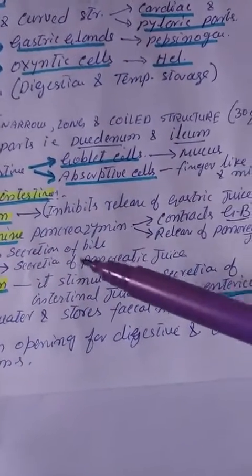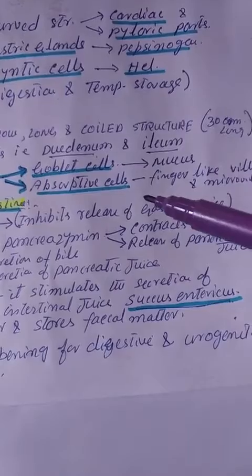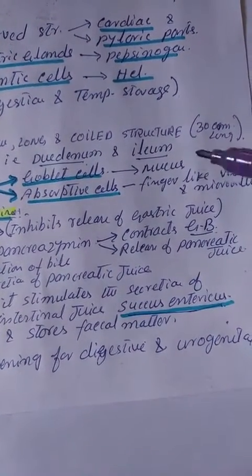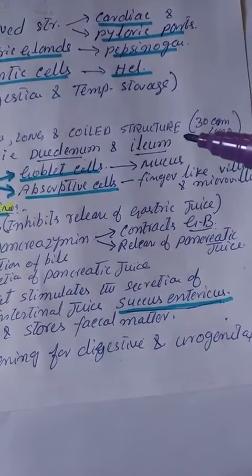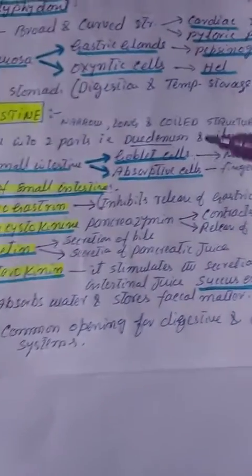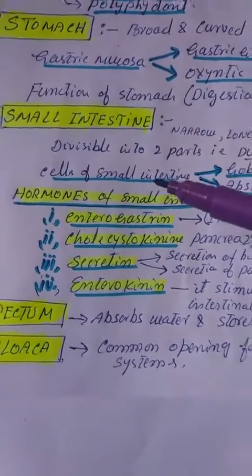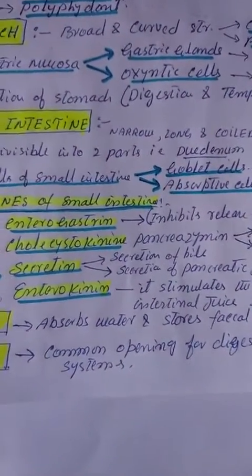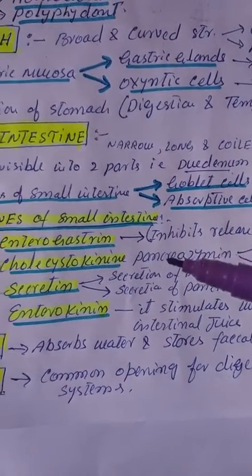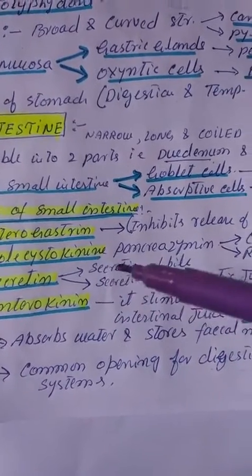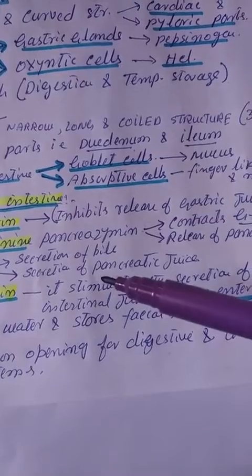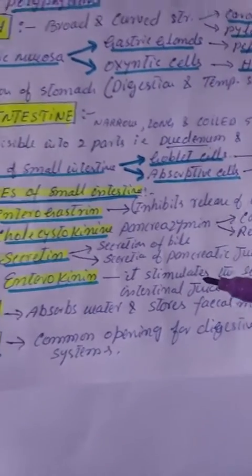This hormone contracts the gallbladder and produces the secretion of bile, and it also helps in the release of pancreatic juice. The third important hormone secreted by the intestines is secretin. This secretin helps in the secretion of bile as well as the secretion of pancreatic juice.